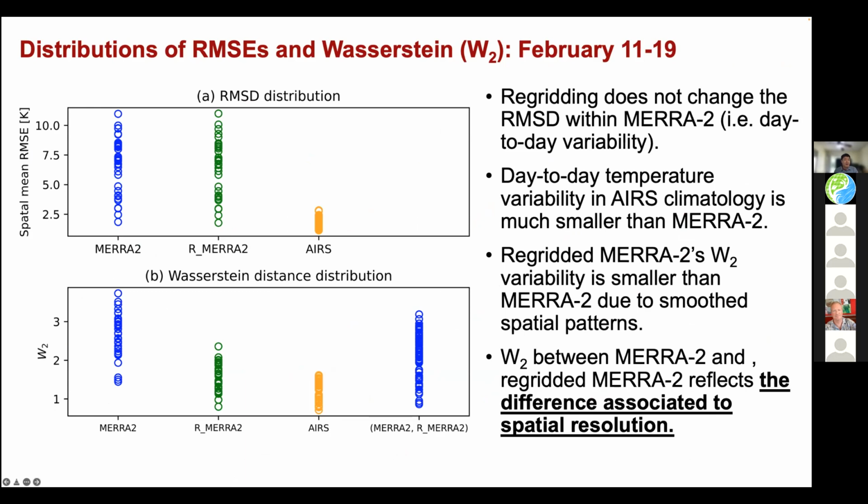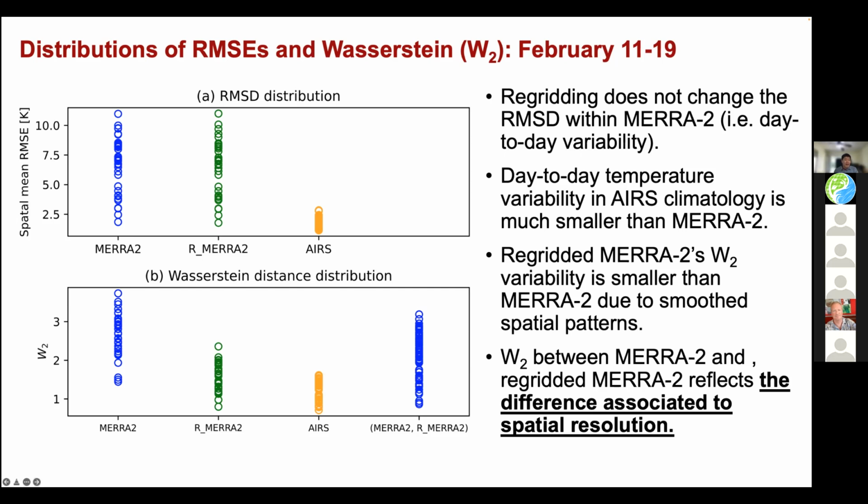So these are within-group distributions of Wasserstein distance and RMSD. And these blue, green, yellow dots represent the individual values.